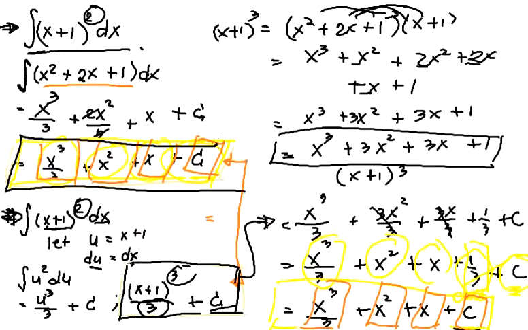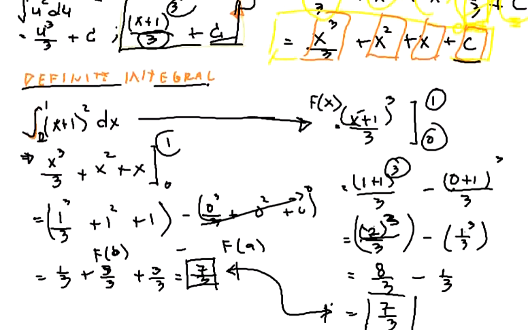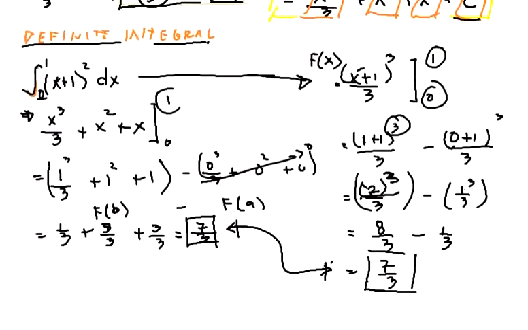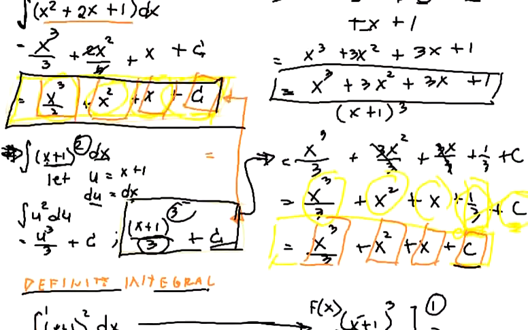So always check your answer either by simplifying one, or by doing the derivative of your final answer, or by having a limit and doing the definite integral. If you come up with the same value, then your answer is correct.